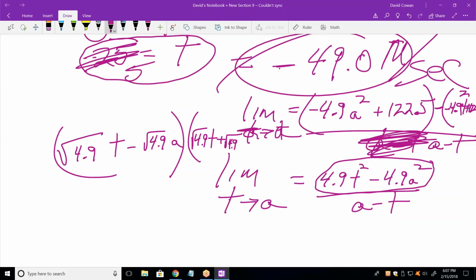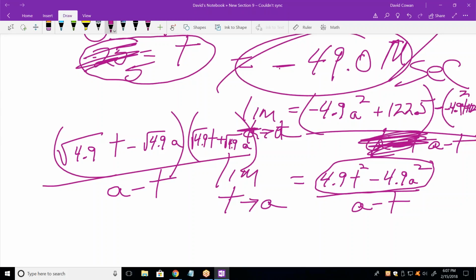In other words, if I treat it as a difference of squares, I believe that's what it factors into. It does. Okay? And I'm dividing all of that by a minus t.